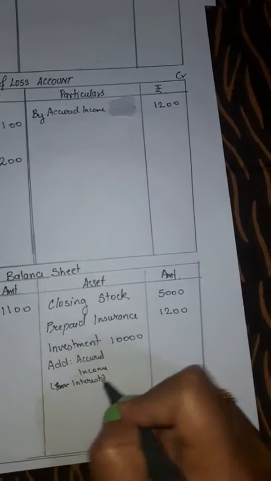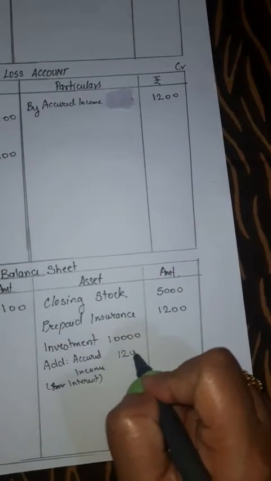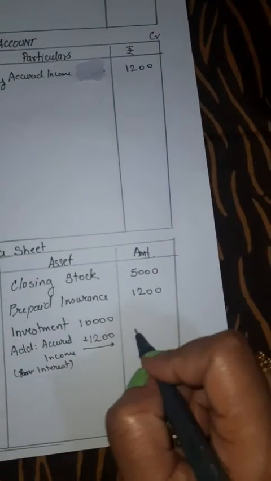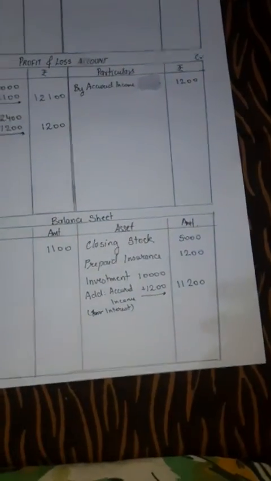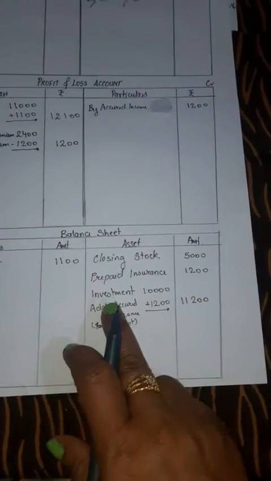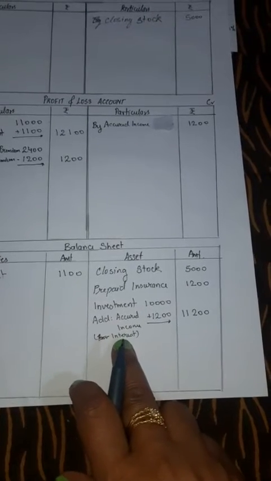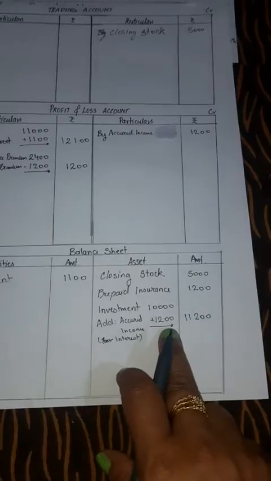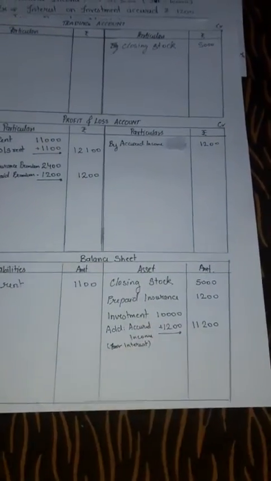What is the amount of interest we should receive? It's 1,200. So adding this amount, I will get 11,200. So on our investment we are supposed to receive an accrued income, that is the interest on investment, 1,200. So these are the two effects of this adjustment.